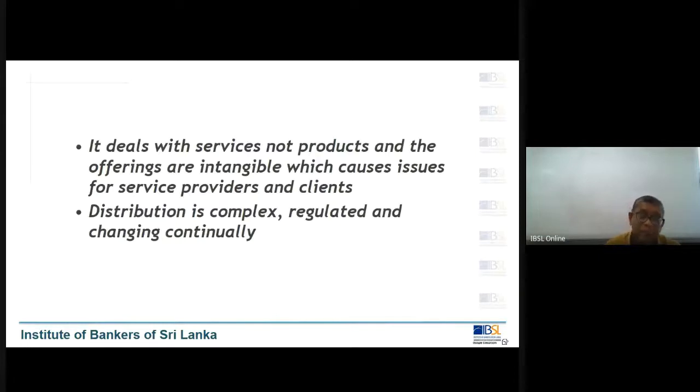The next difference in the services business is distribution. Today, because of the development of IT and digitalization, distribution is very complex, regulated and changing continuously. Therefore, these are a few reasons why financial institutions are basically different from any other businesses.